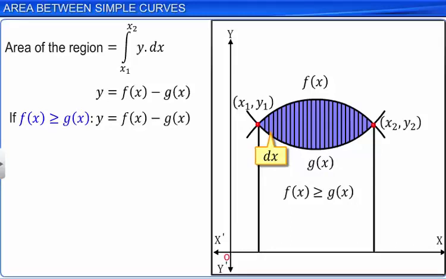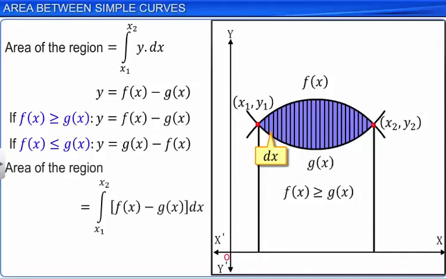On the other hand, if f of x is less than or equal to g of x, then y is equal to g of x minus f of x. The intuition here is that height is always a positive quantity. Thus, the integral to calculate the area of the region is as shown. Using this formula, we can estimate the area of the region enclosed.